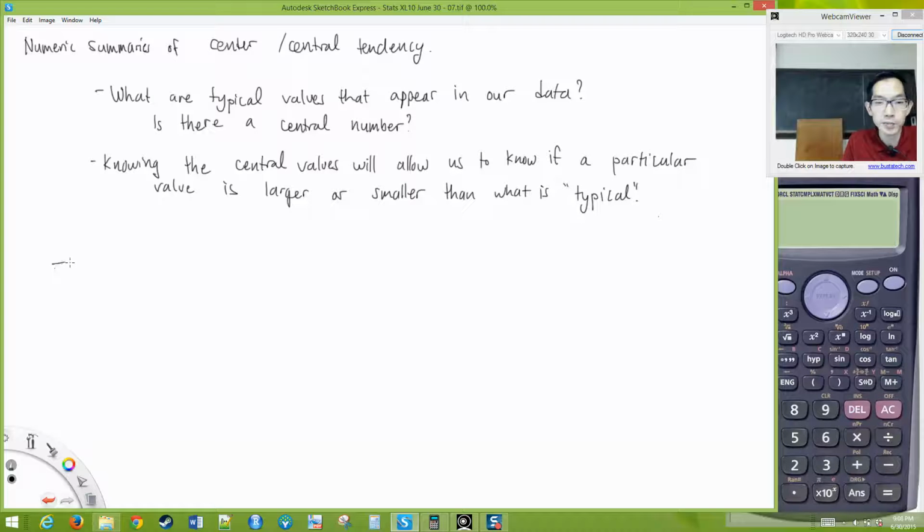Okay, and so we have two measures of central tendency or center, and one is the mean and the other is the median, okay? And so the mean is the balancing point of our data, and it takes into account extreme values that are large or small.